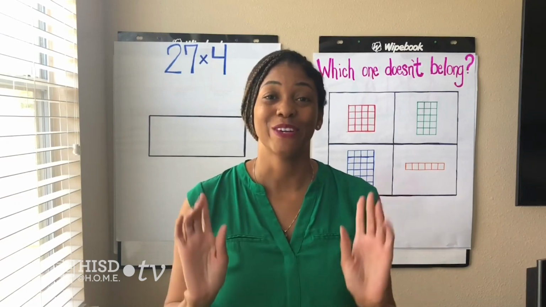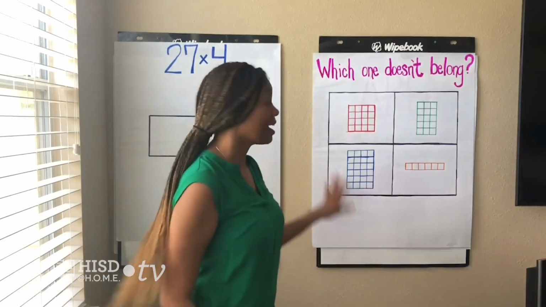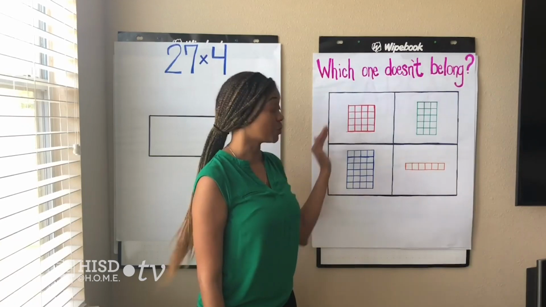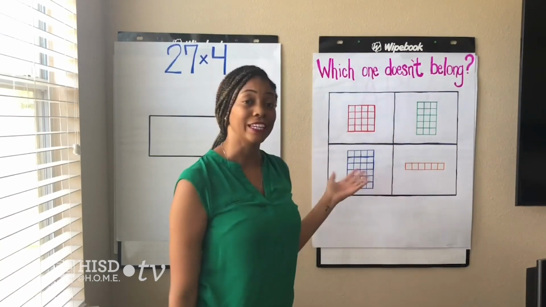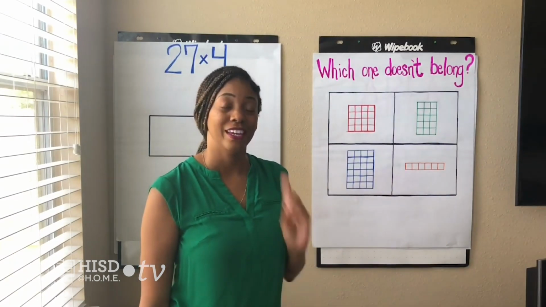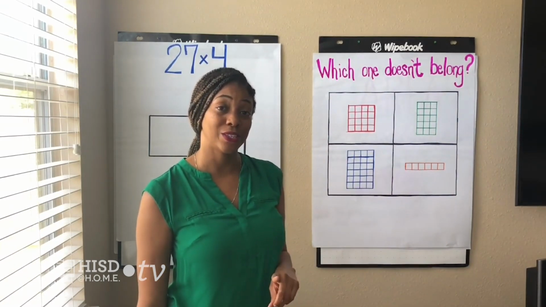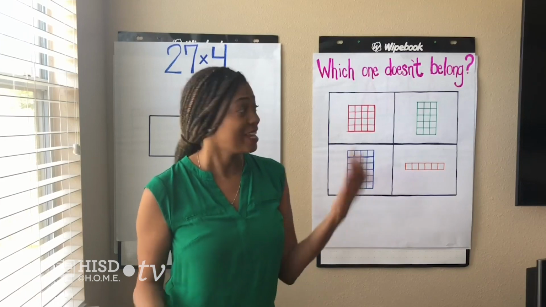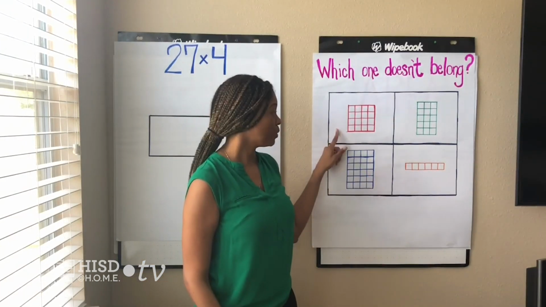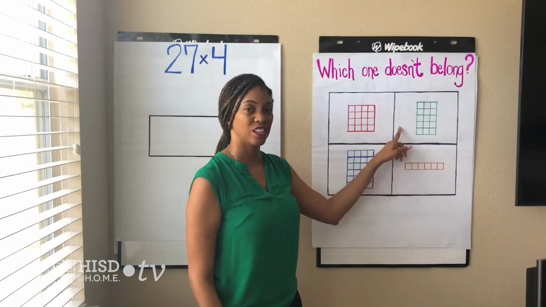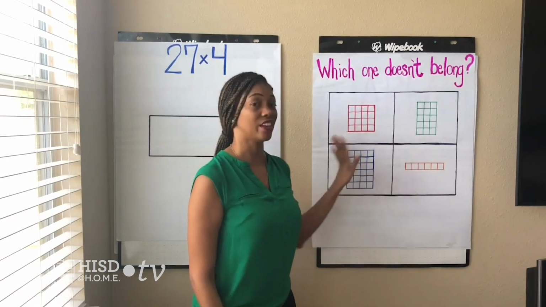Before we get started, we have a total of 4 models. I'm going to explain each model to you, and as I do, I want you to start thinking about which one of these models doesn't belong with the other 3.